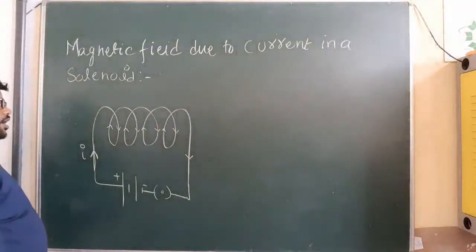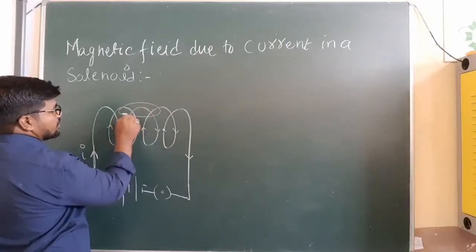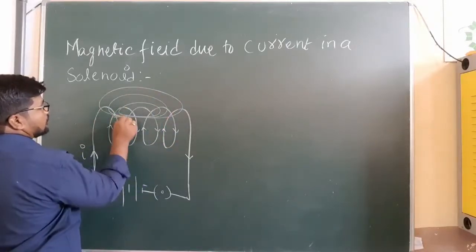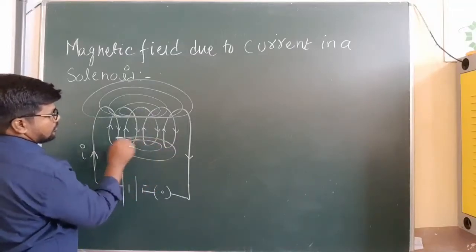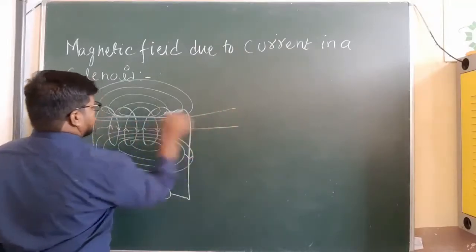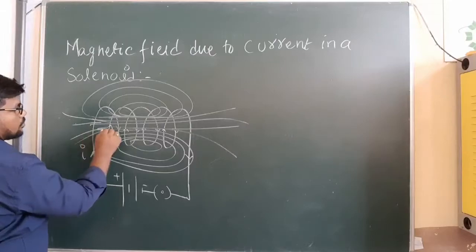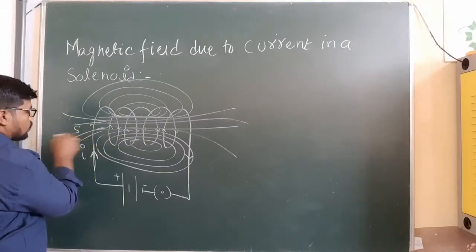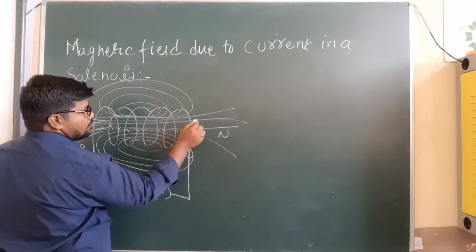Now we produce a magnetic field using the solenoid like this. Here we get the south pole, here we get the north pole, which means the field lines are like this.